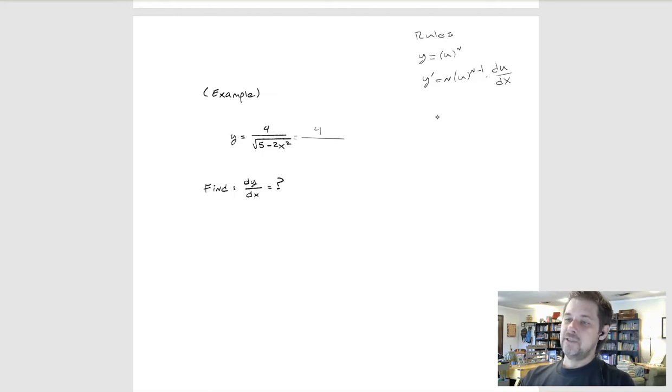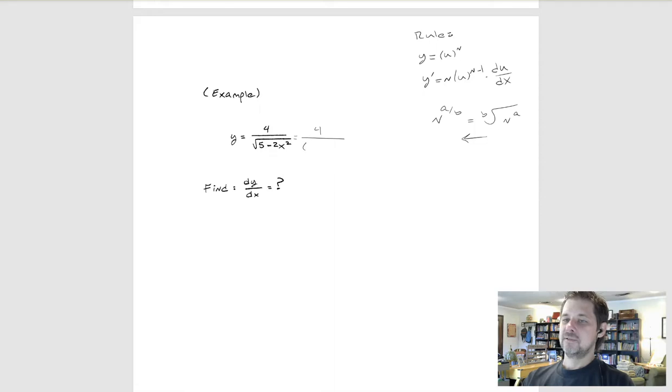The conversion is, say we got some number n to a fractional power a over b, then that could be converted to the b root of n to the a power. And this is a two-way street. So, you know, we're going this way. I've got the root. It's the square or second root of 5 minus 2x squared to the first power.